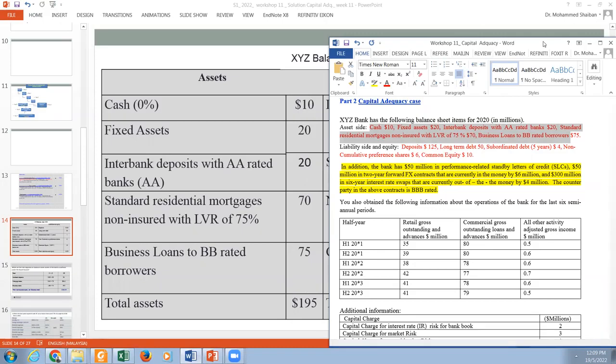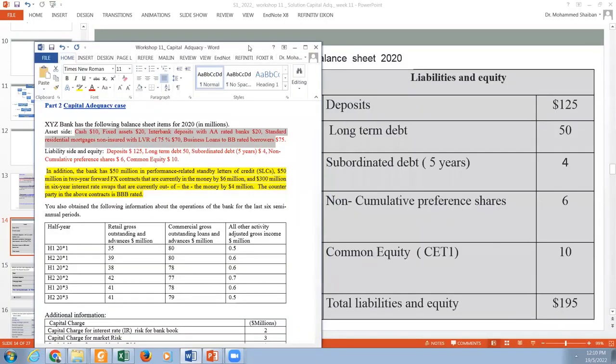Now let me build the liabilities. They told me I have a deposit of 125. This is the 125. And I have long-term debt 50. And we have subordinated debt.